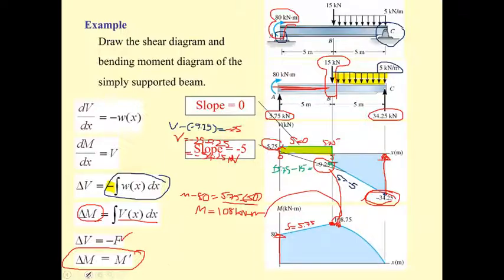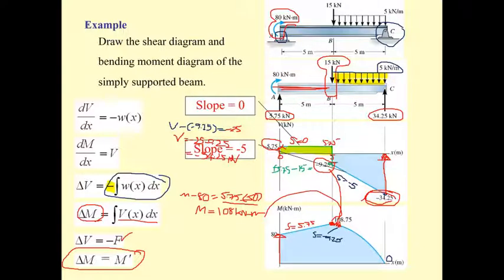So you get the slope there of S equal to minus 9.25, and then the moment at point C is 0. So this is going to be 0 moment for sure.